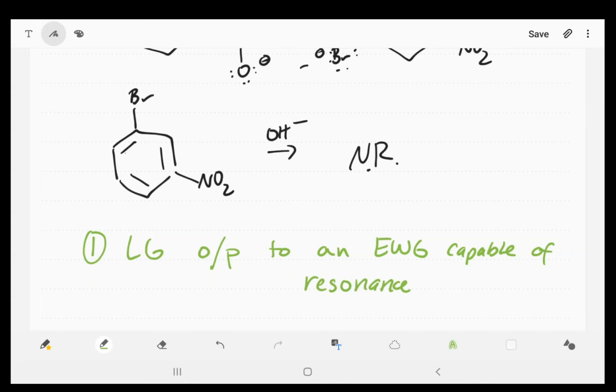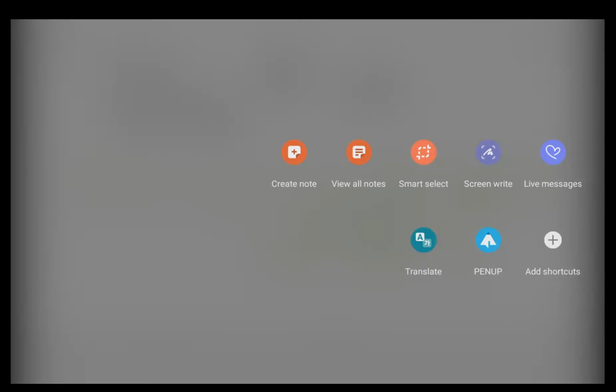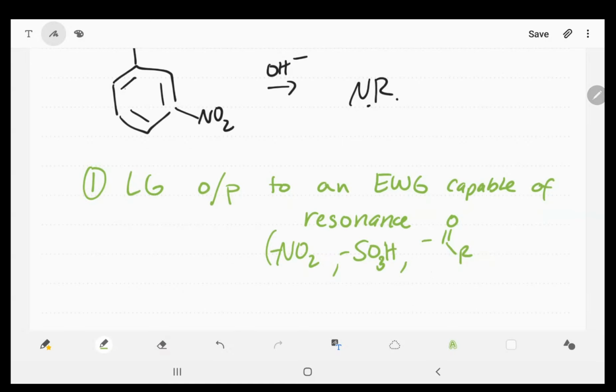You need a leaving group that is ortho or para to an electron withdrawing group that you can resonate to. That would be something like a nitro group, a sulfonyl group. What else do we have? All of those are here. Any of these ketones or whatever, those can all resonate as well. So you need some sort of electron withdrawing group capable of resonance.